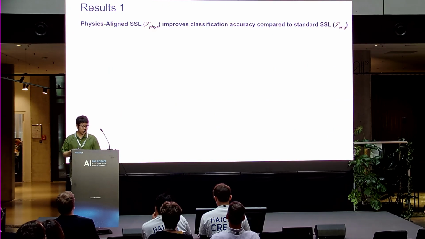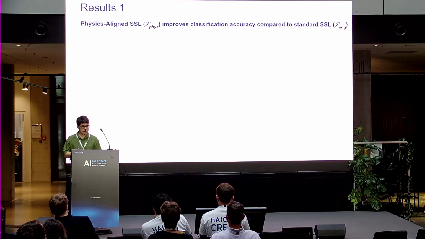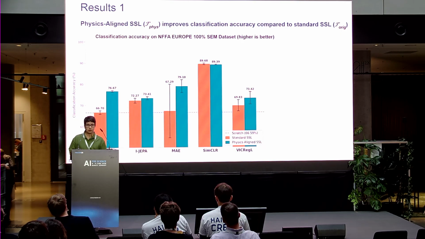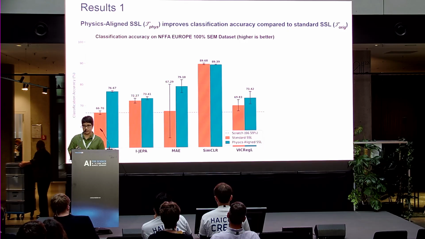So our results show that physics-aligned SSL, that's what I'm going to refer to it as, so that's the pre-training with physics-aligned augmentations, improves classification accuracy over the standard augmentations. As you can see, we have a baseline model, the model trained from scratch, that gets a score of 66.6%.